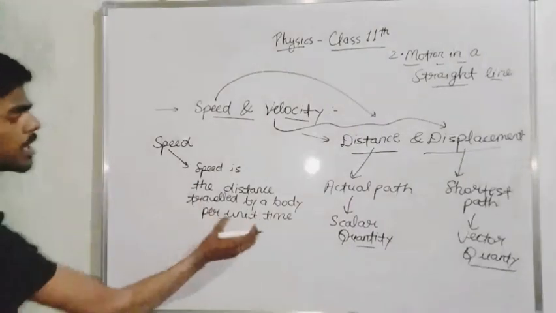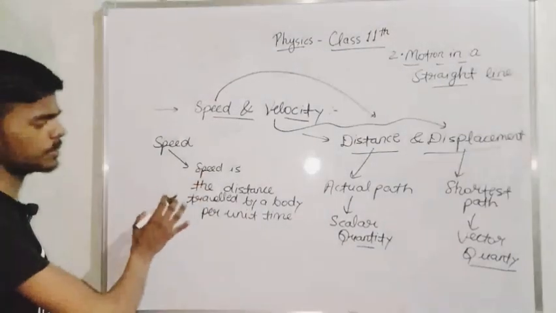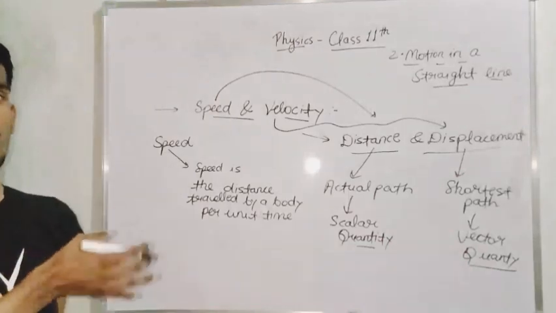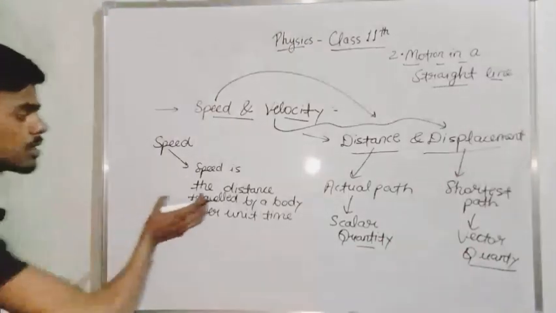The value of speed means how much distance is traveled, how much path is covered, and that is defined as the speed.